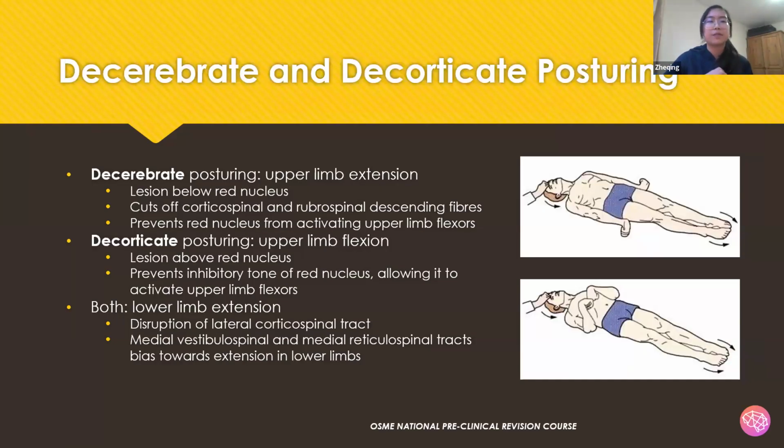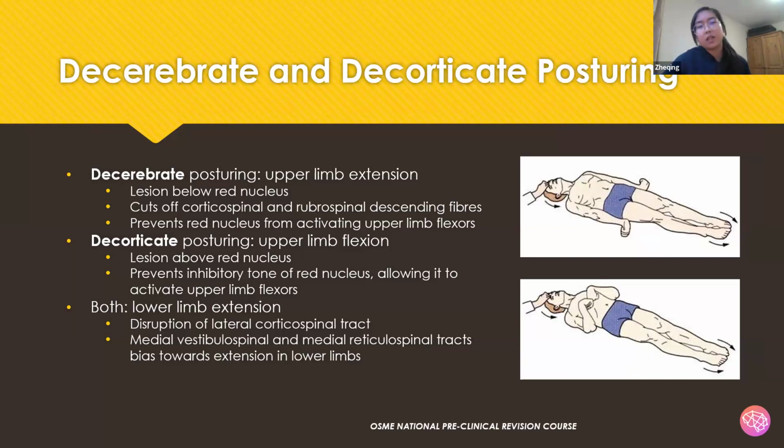And for what I mentioned earlier about decerebrate versus decorticate posturing, it's related to which tracts are damaged by which lesions. Remember we said that the cerebrospinal tract originates in the red nucleus, where it also decussates.